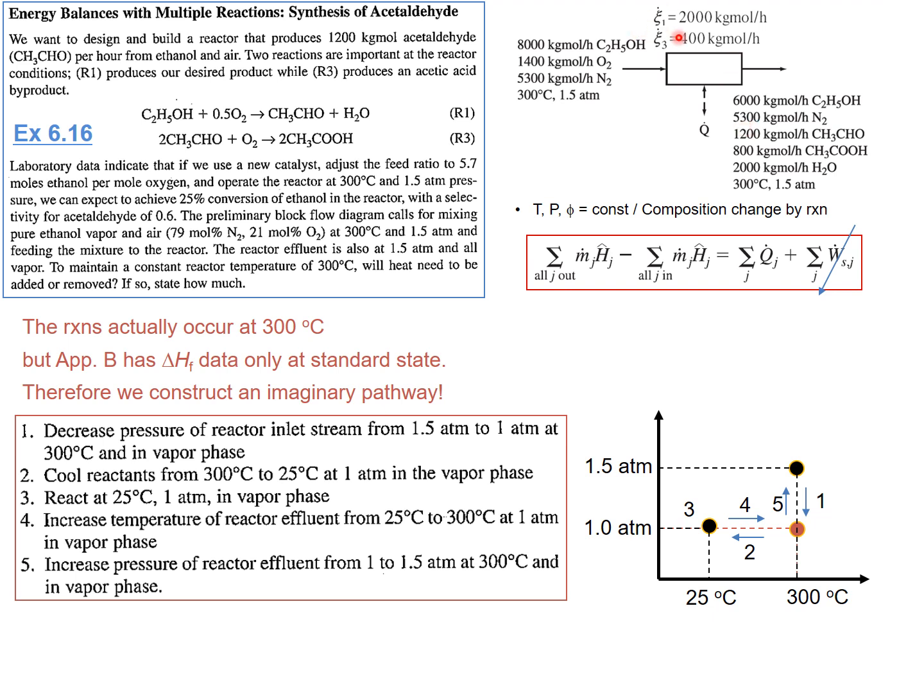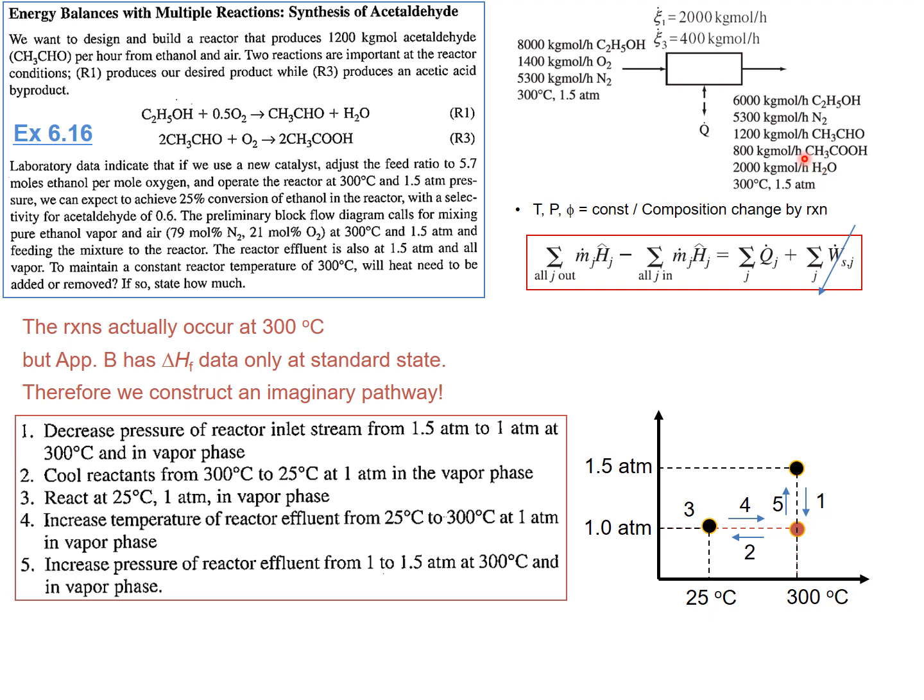Also, the extent of reaction was known, like the extent of reaction for R1 is 2000 kg-mol per hour, and the extent of reaction for R3 is 400 kg-mol per hour. And all reactions proceed at 300 Celsius degree and 1.5 atm.